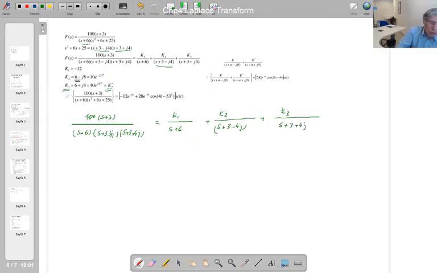So we are going to multiply both sides with this one in order to calculate that k2.